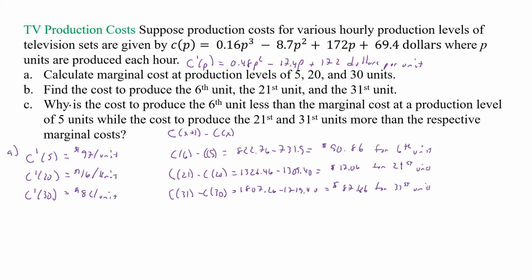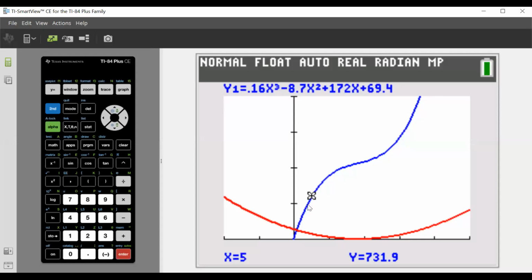Now they ask, why is the cost to produce the 6th unit less than the marginal cost at the production level of 5 units? So why is this less than this? And why are these two more than those two? Well, let's look at our graphs again. Here at 5, we're going up and we're concave down.